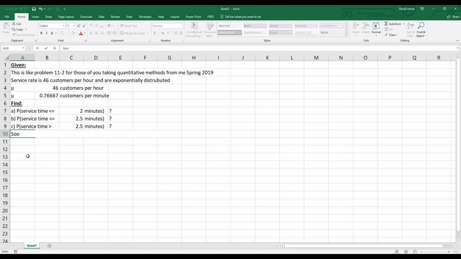And for a solution, first we need to know the equation we need to use.